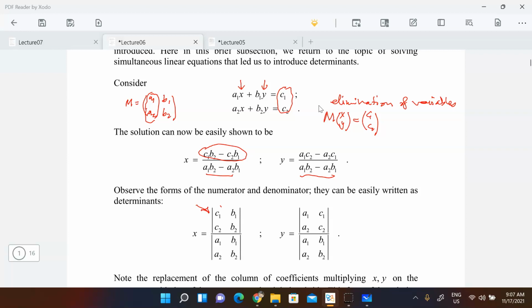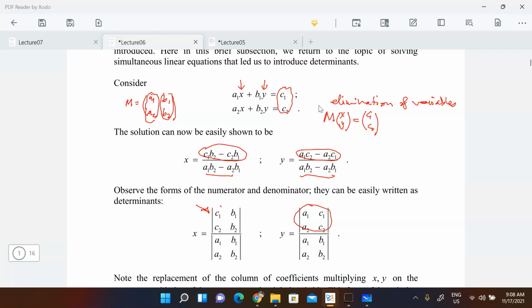And similarly, if you look at this one, it is replacing your b1, b2 here and keeping a1, a2 by c1 and c2, and essentially you have that matrix.